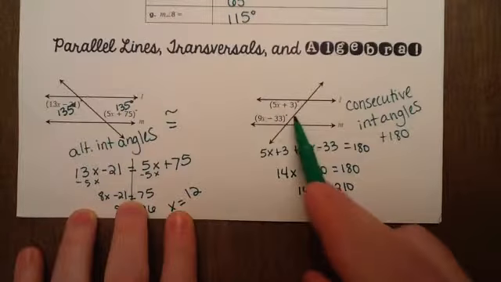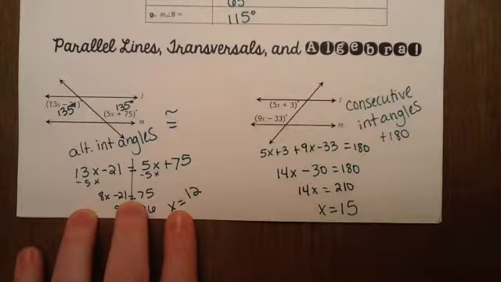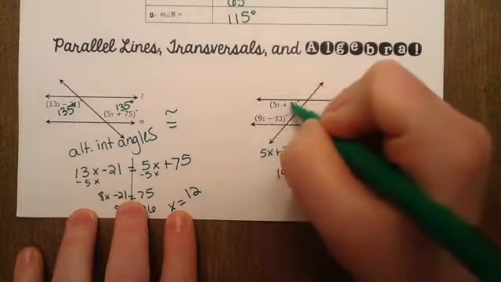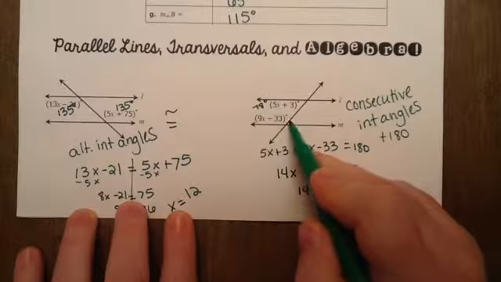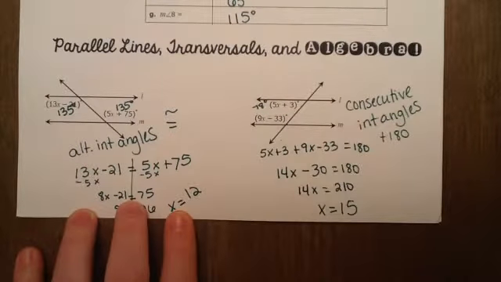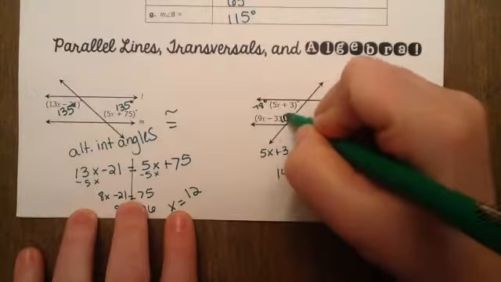So find the top angle right here for me. What did we get? 78 degrees. So this bottom one would be 180 minus 78, or 102.